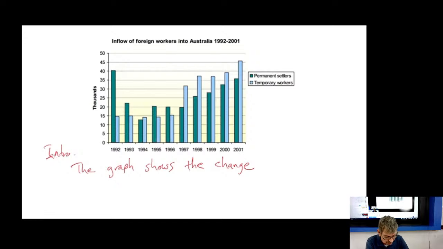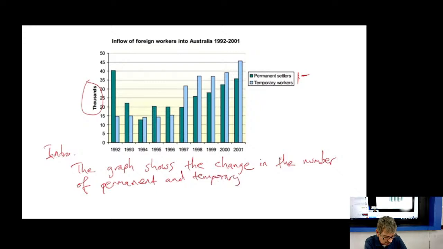So it shows us the change in the number of, and the two types of workers. The number of, first of all, permanent, and temporary foreign workers.